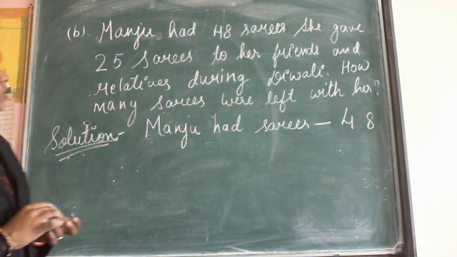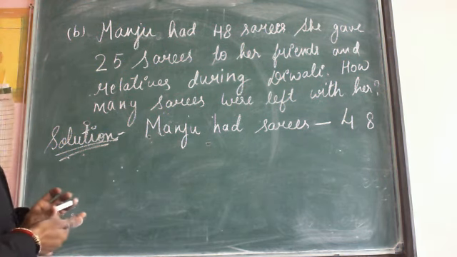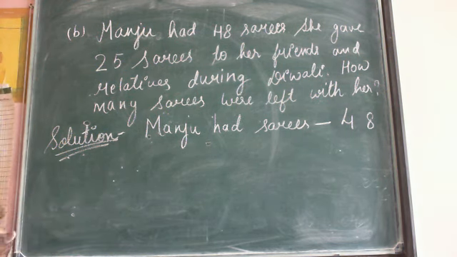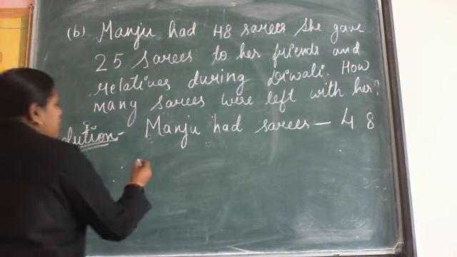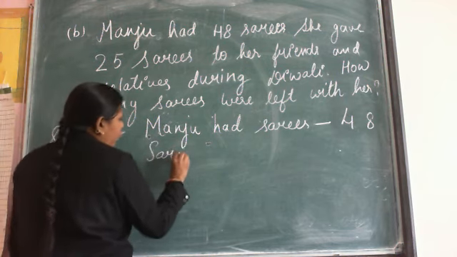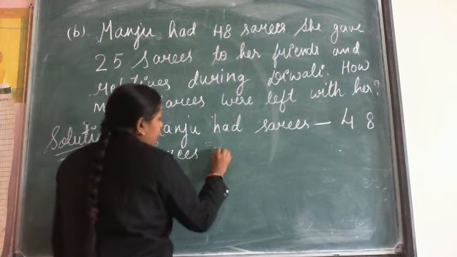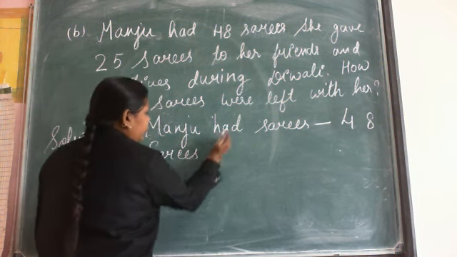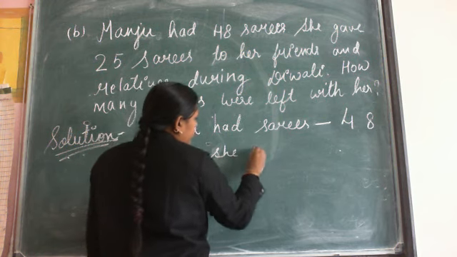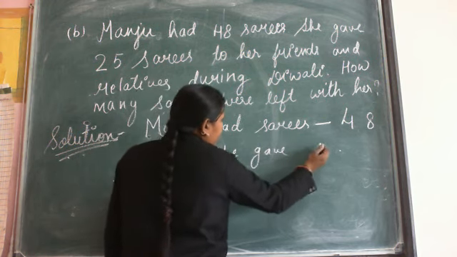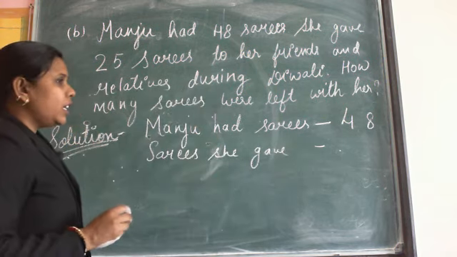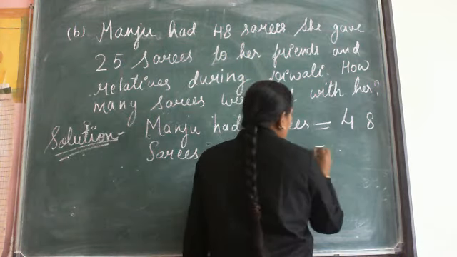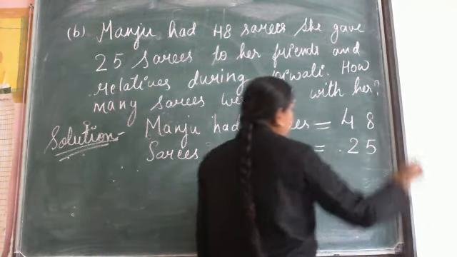Now in the question, what is the second line? She gave 25 saris to her friends and relatives. How many saris did she give? 25. So write here 2, 5, 25.